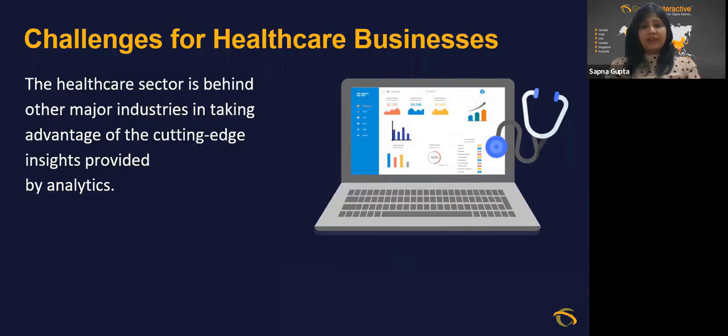Let's begin with the fact that healthcare lags behind other major sectors in leveraging data. Most healthcare organizations have not integrated analytics into their regular operations. In fact, 56% of the health centers do not have a strategy for data governance or analytics.